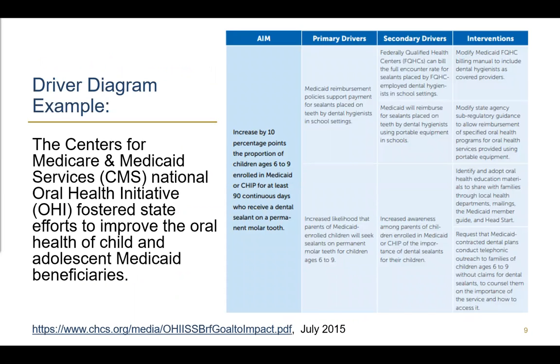This is an example of a driver diagram used for the Center for Medicare and Medicaid Oral Health Initiative. Although this was executed in 2015, a few years ago, it illustrates a relevant example of how this tool was used for identifying some interventions for the aim to increase by 10 percentage points the proportion of children ages 6 through 9 enrolled in the Children's Health Insurance Program for at least 90 continuous days who receive a dental sealant on a permanent molar tooth.